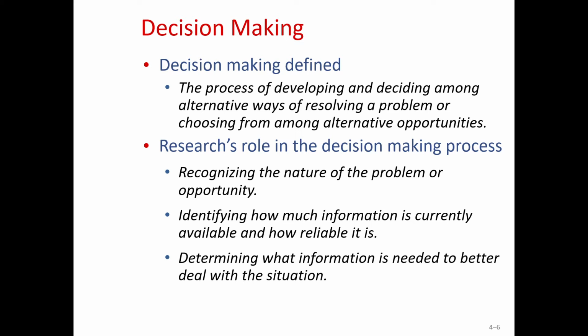A decision maker must recognize the nature of the problem or opportunity, identify how much information is currently available and how reliable it is, and determine what additional information is needed to better deal with the situation. Every decision-making situation can be classified based on whether it best represents a problem or an opportunity and where the situation falls on a continuum from absolute ambiguity to complete certainty.